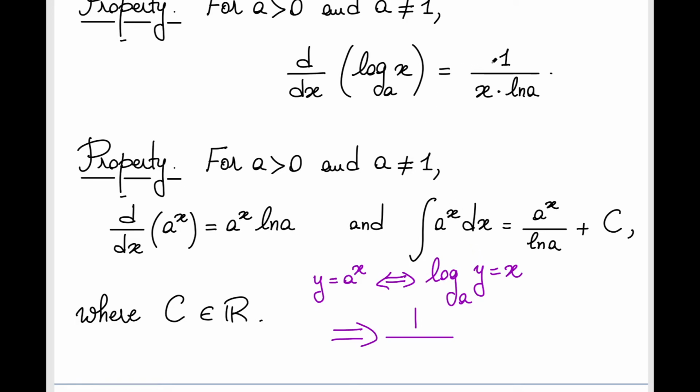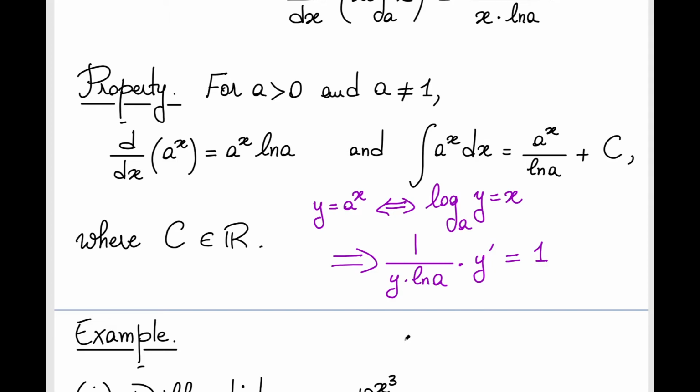So I'm going to get 1 over y ln a times the derivative of y with respect to x, equal to 1. And y prime is the thing I want. I want the derivative of a^x, which is the derivative of y.